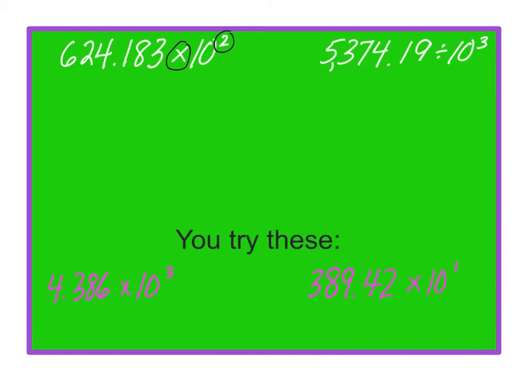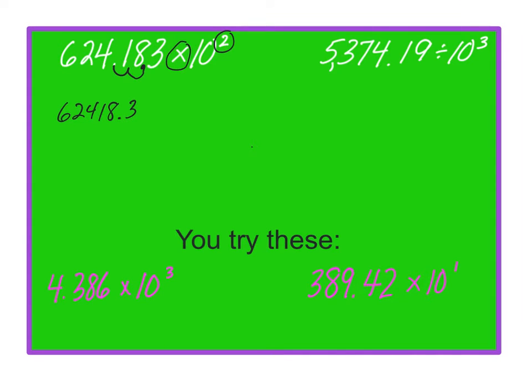Now what I typically do is I just take the problem right here, and I go, that's 1 hop, 2 hops, and then I draw it in, and then you just go ahead and rewrite your new number. So it's 62,418 and 3/10. Again, multiply goes to the right. Our exponent was 2, so we went 2 hops, or we moved 2 place values to the right.